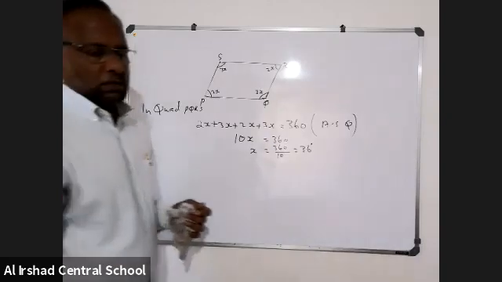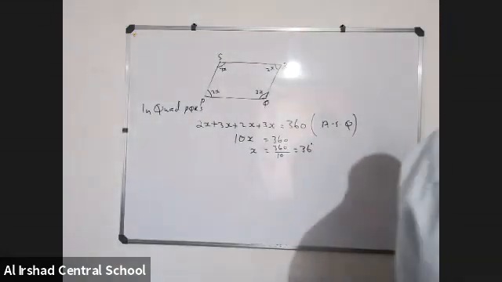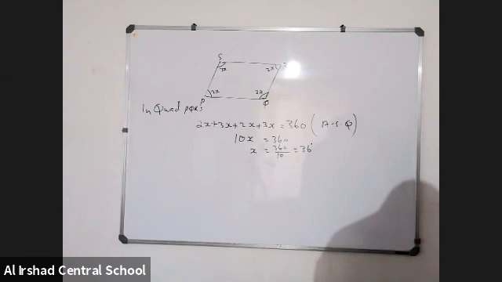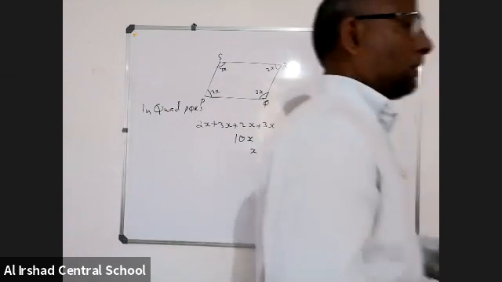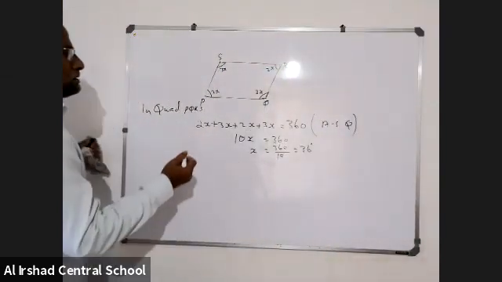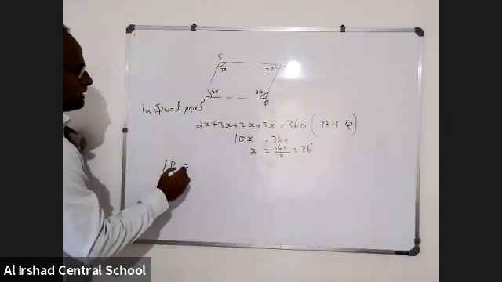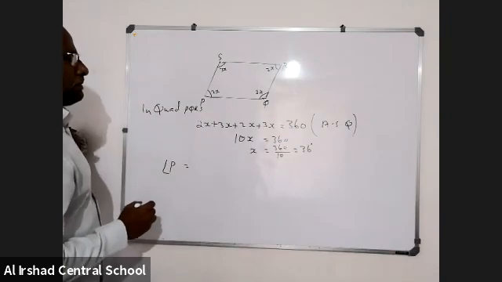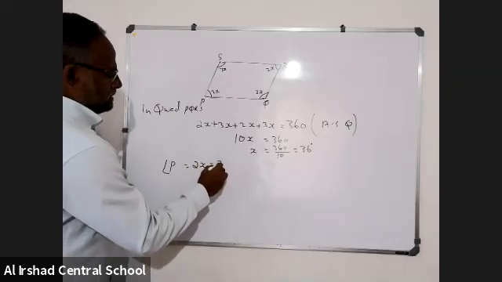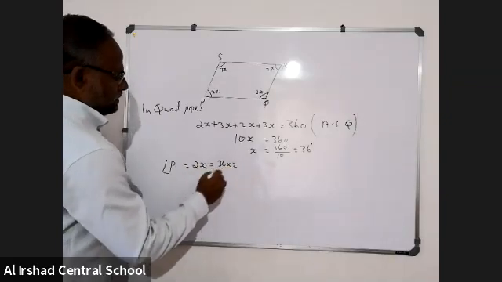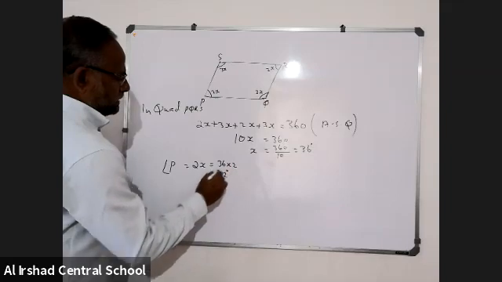Now see the question. Each of the angles of the parallelogram. Angle P is equal to? Tell me what is angle P. 2x, that means 36 into 2, that is 72 exactly.